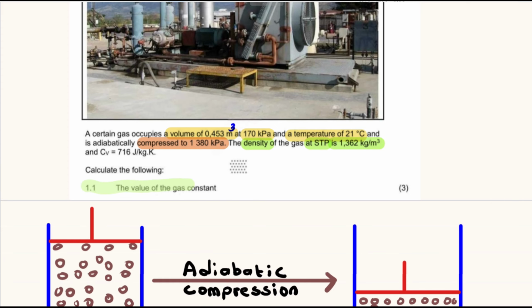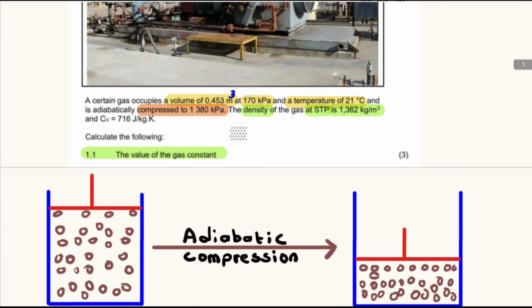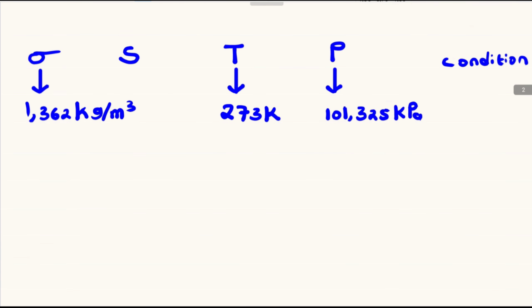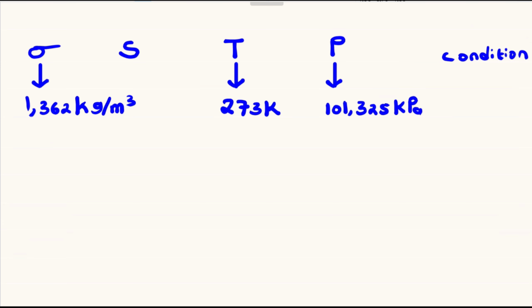So now, question 1.1, we have to calculate the value of the gas constant. So we determine the R, the gas constant, and we determine it from this formula. PV is equal to mRT, where R is the gas constant.